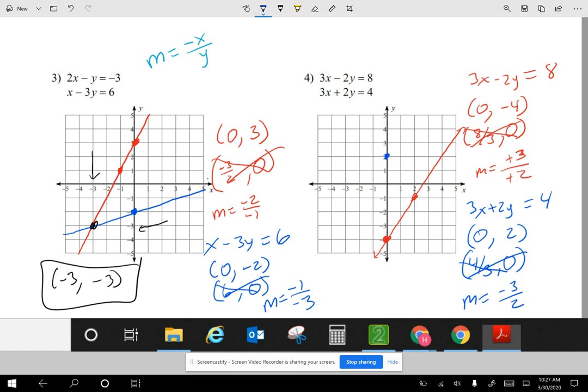My slope says go down 3, 2 to the right. The point of intersection is the point 2, negative 1.